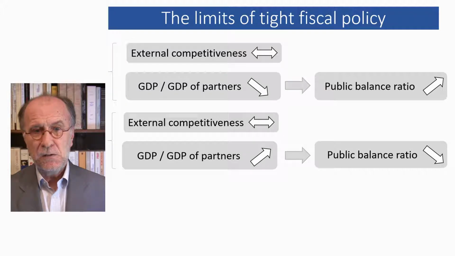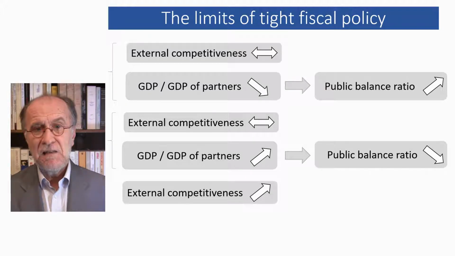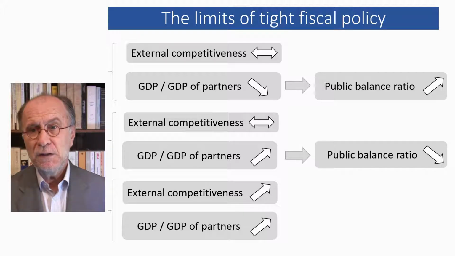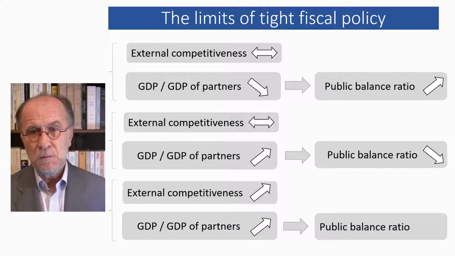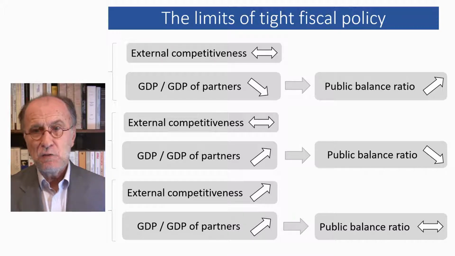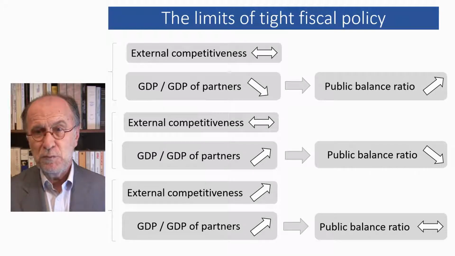Improving the external competitiveness is the only way to make up for lost ground without undoing the improvement to the public balance ratio. But improving the external competitiveness takes time. The resulting recovery in the external balance, however, not only restores the public balance, but also contributes to growth.